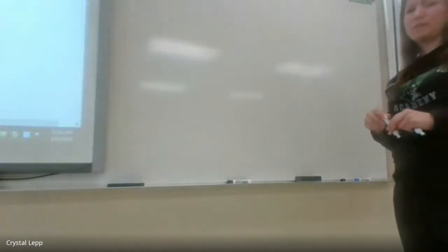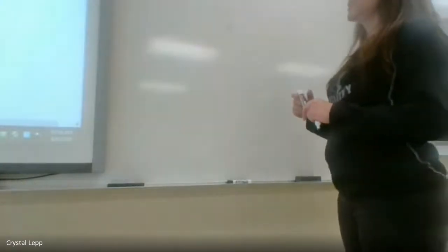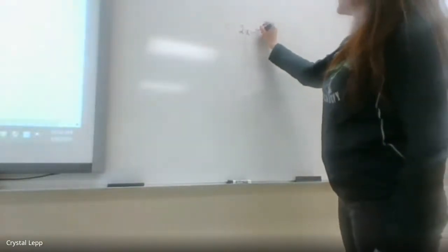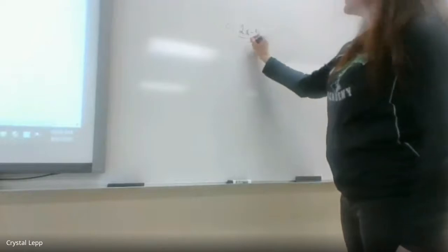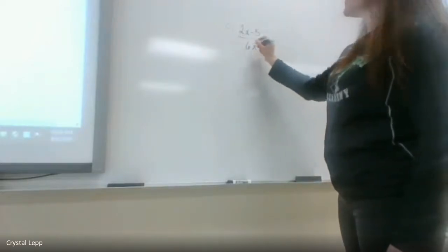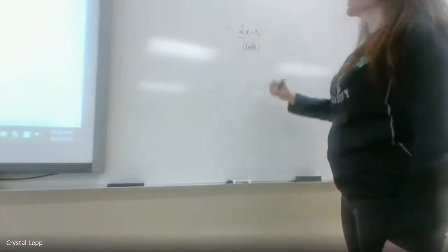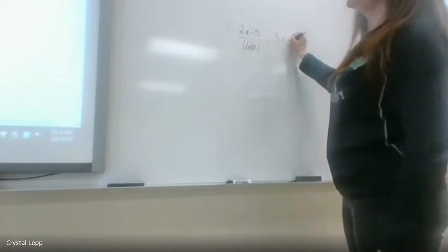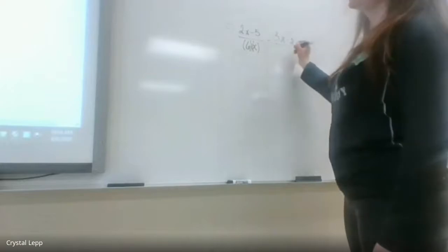So that should be your very first step. Okay, so C, we have 2x minus 5 over 6x. The 6 and the x are in their own brackets because it's monomial, minus 3x minus 2 over 3x.